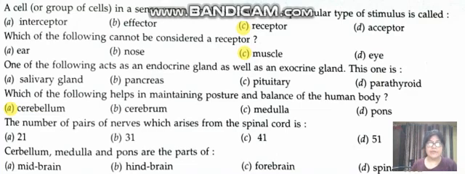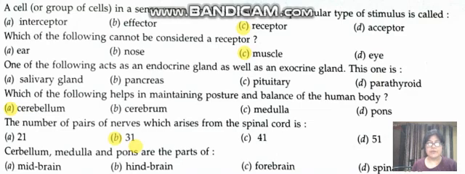Now next question, the number of pairs of nerves which arise from the spinal cord. Now how many nerves do we have in our spinal cord? So in the spinal cord we have 31 pairs of nerves. You have to learn this number. Now next question, cerebellum, medulla and pons.